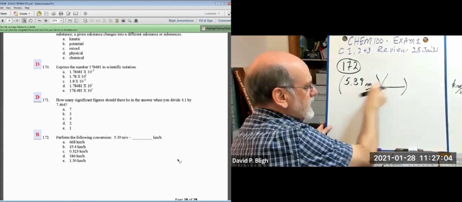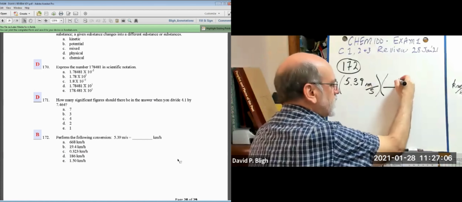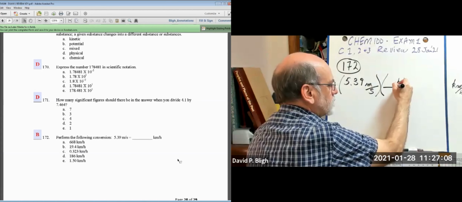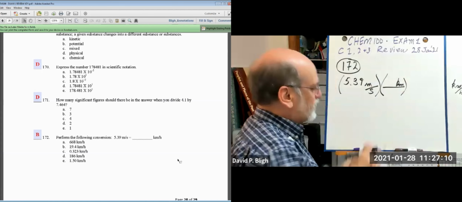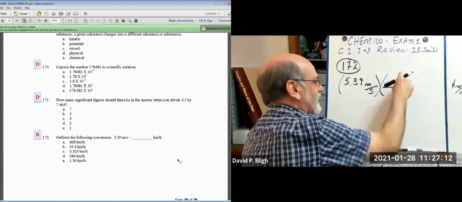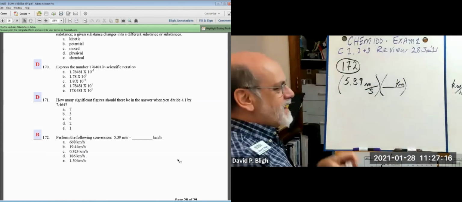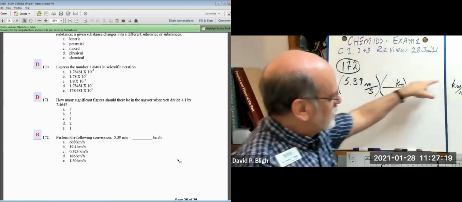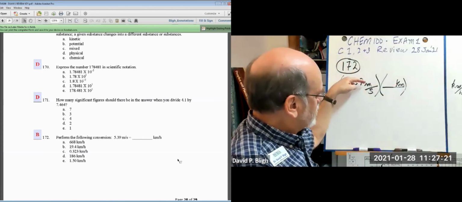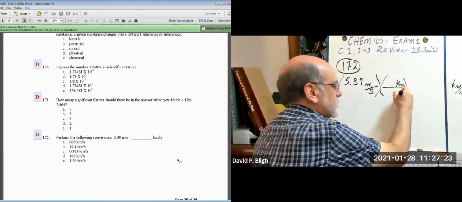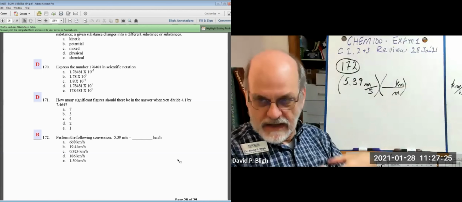So how do we convert meters to kilometers? Well, we need kilometers in the numerator, and we need to cancel meters. So we need an equivalence.